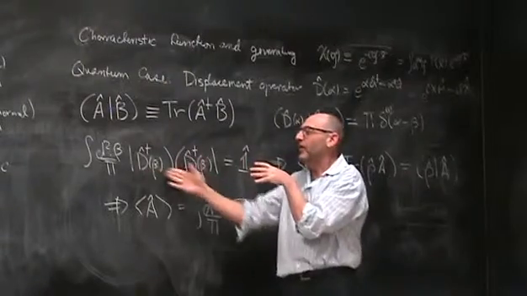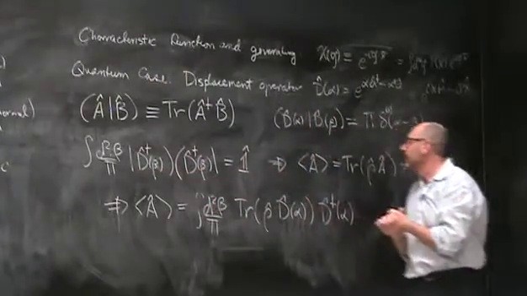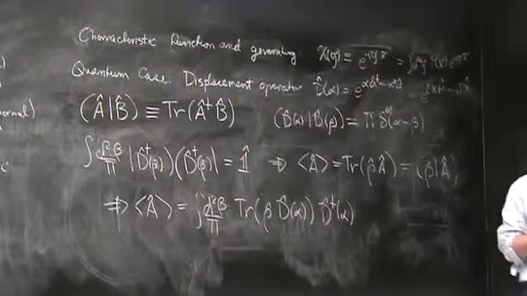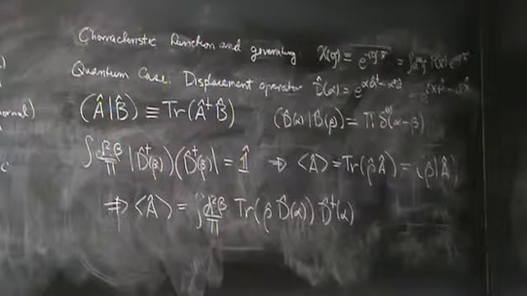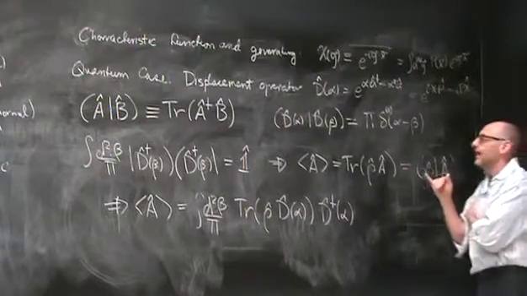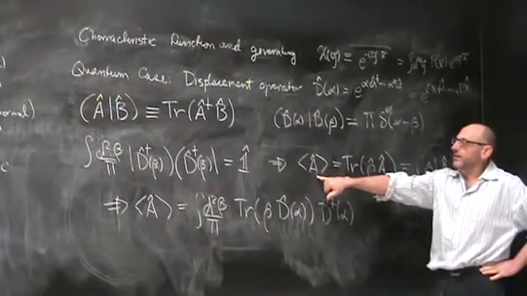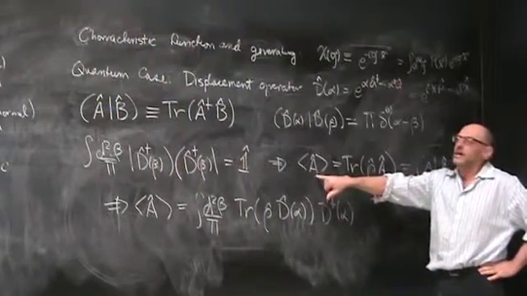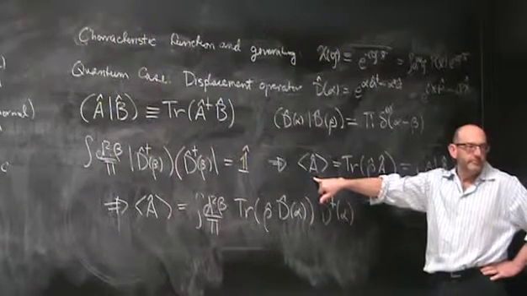So if I integrate over all these guys, I get the identity. And what that enables us to now do is project an operator onto phase space by saying, okay, let's look, for example, at what is the expectation value of some operator A?